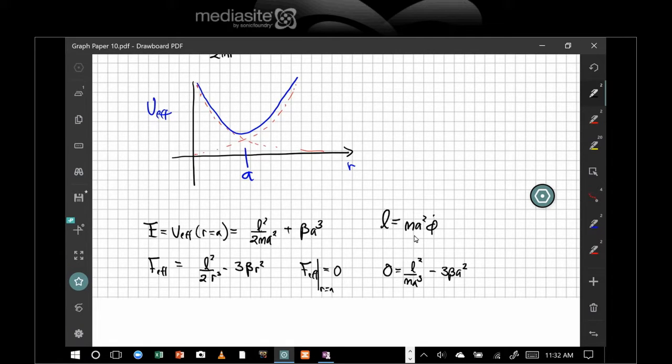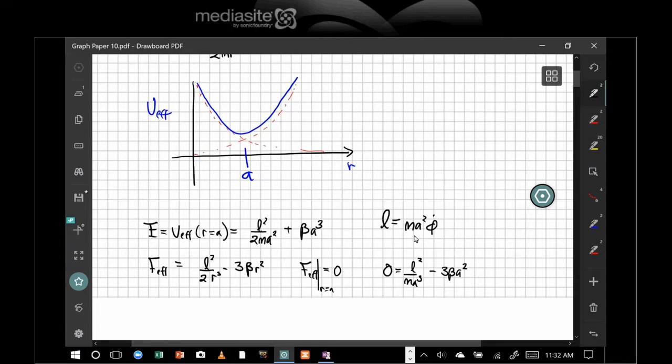So I can then solve for A. Actually, I want to solve for L, right? So L squared is going to be equal to, bringing this over to the right, 3 beta A squared times mA cubed.